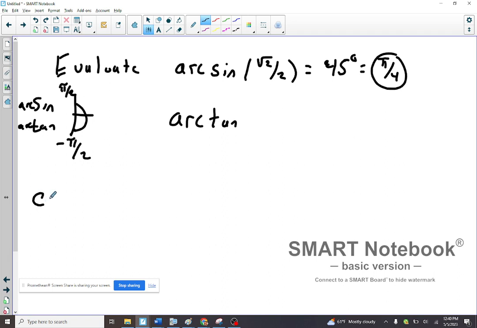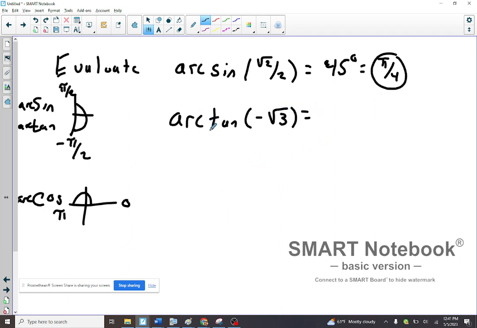All students take calculus, but only cosine's positive on the bottom. Cosine is different, because if I did that, cosine would be positive twice, and that's not useful. So we do it from 0 to pi. I want to have the ability to do negative. They're all always going to have the first quadrant, and then whichever one doesn't have that in it.